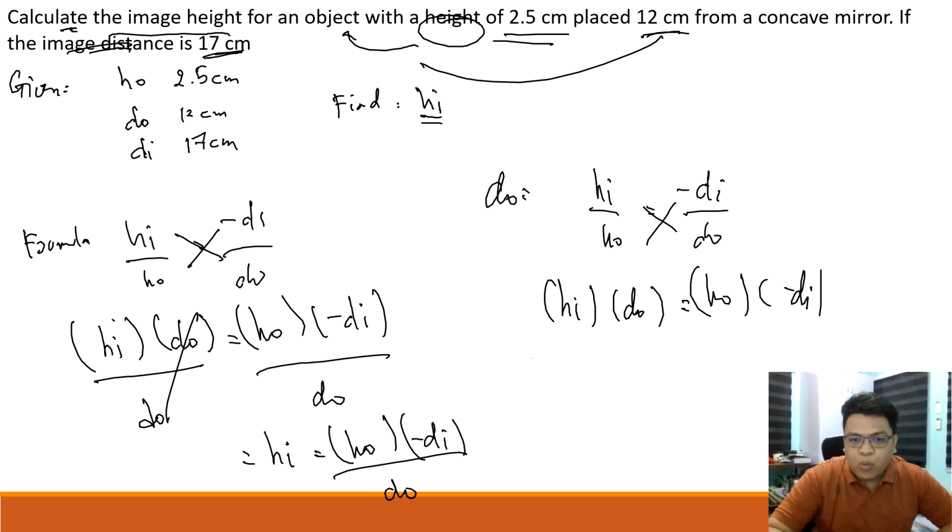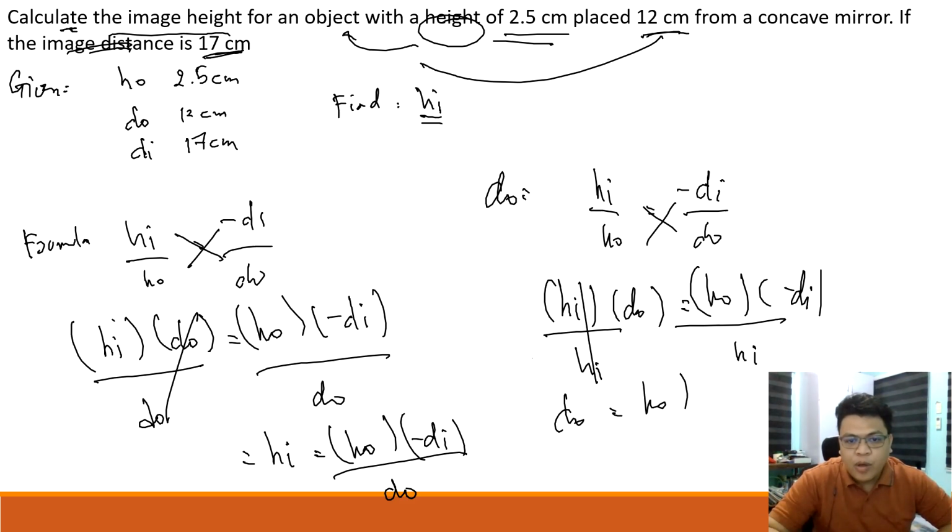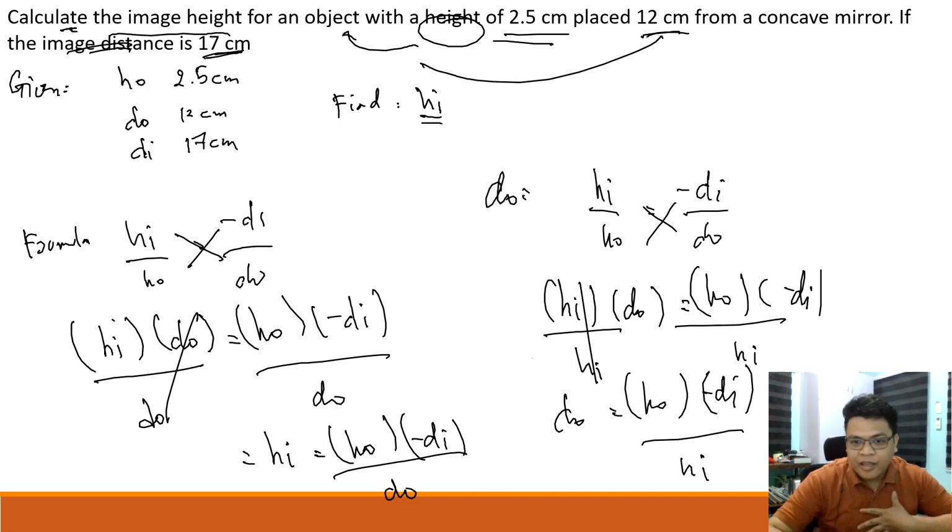So I want to isolate the DO, o gusto ko iwan si DO. So gagawin ko, tatanggalin ko, so I need to remove HI. So divide both sides by HI. So we can cancel it. So we have here DO is equal to HO multiplied by negative DI over HI. So that's how you do it based on my experience. So para mabilis ang buhay.